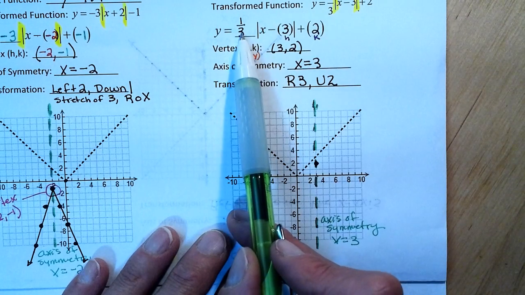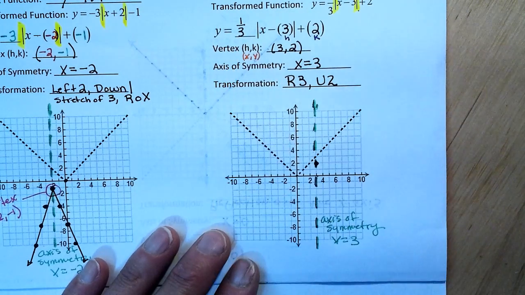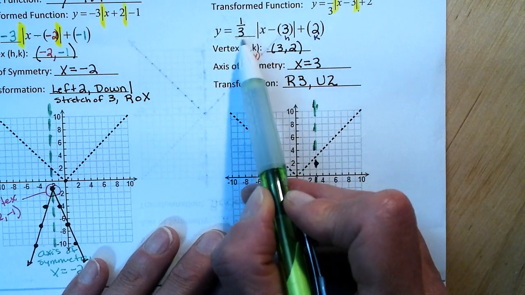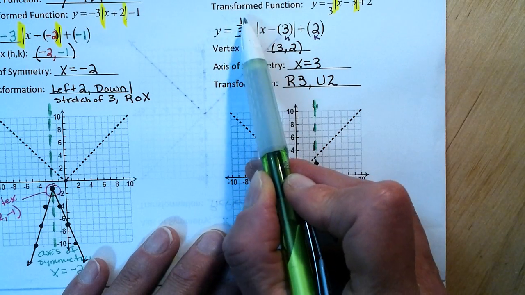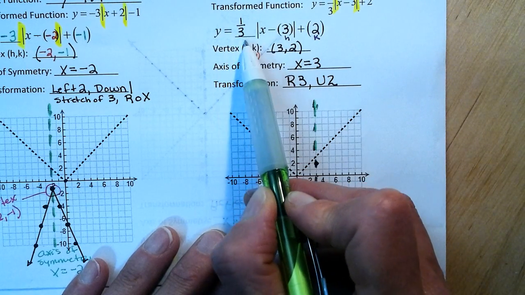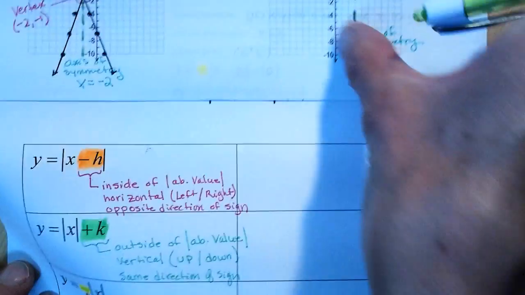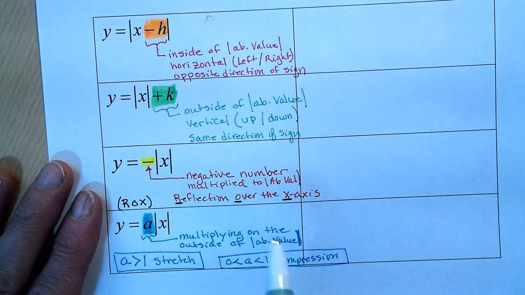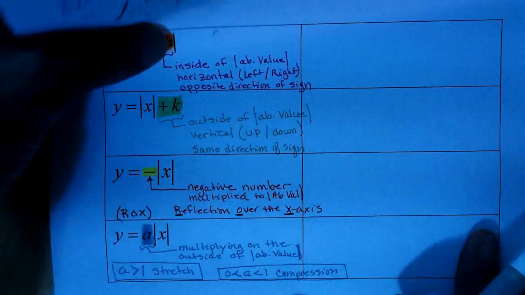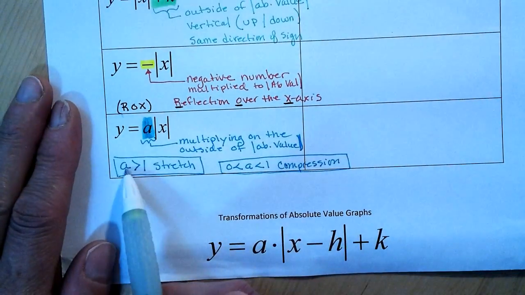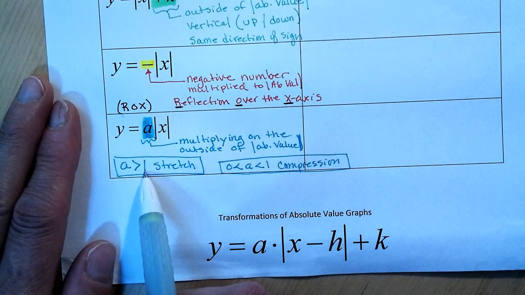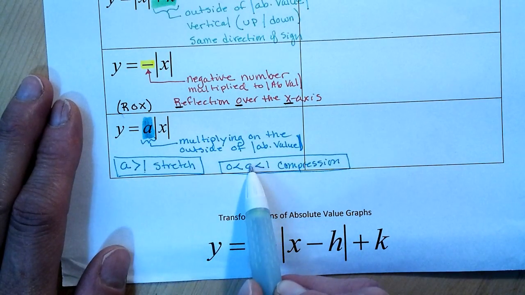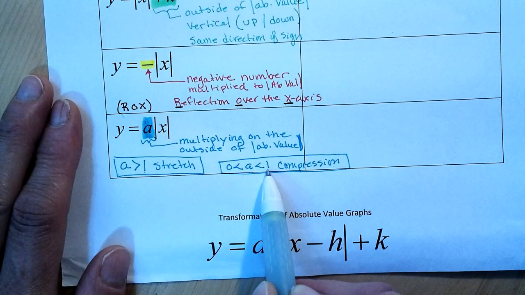What's happening here? Something else is happening here. So if we were to go back and look at this, I have a 1/3. It's positive, and because it's positive, there was no reflection. It only has a reflection if it's negative. But with 1/3, I have to ask myself here, is 1/3 bigger than 1? No. Is 1/3 between 0 and 1?